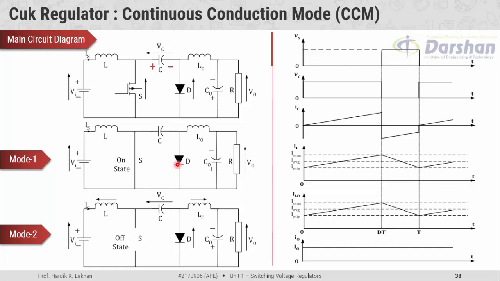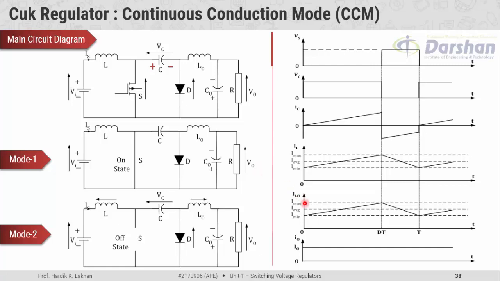So side by side, if we observe the waveform of IL, then we can see that during the first interval, as the inductor L starts storing the energy, the current through L gradually increases from minimum value towards the maximum value. Similar to inductor L, in the same interval, inductor LO also stores the energy which is coming from the capacitor.